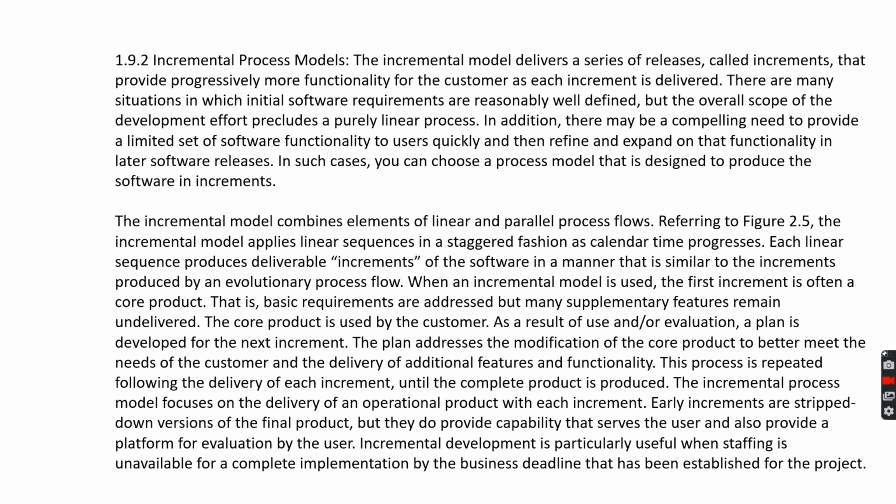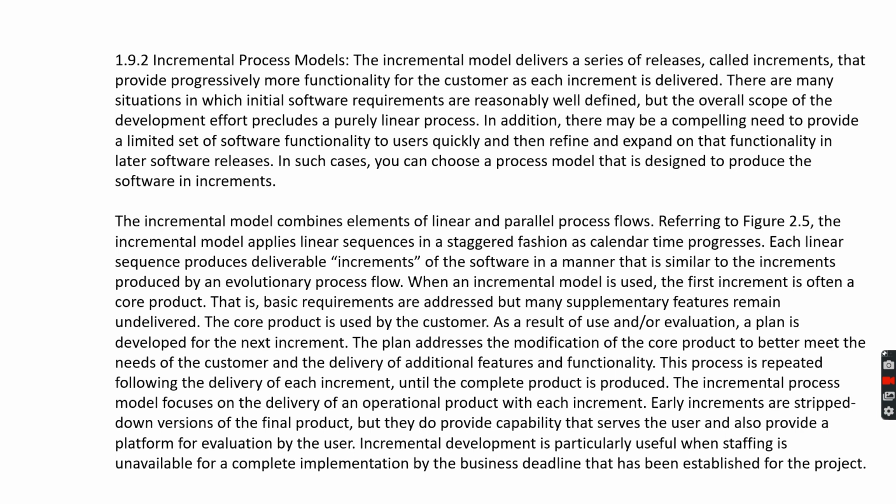So what this incremental process model is basically about is that each of these linear sequences will provide you with increments of the software in a manner similar to increments produced by an evolutionary process flow. What it means is that after the first increment, the basic requirements are addressed, but many supplementary features remain undelivered.